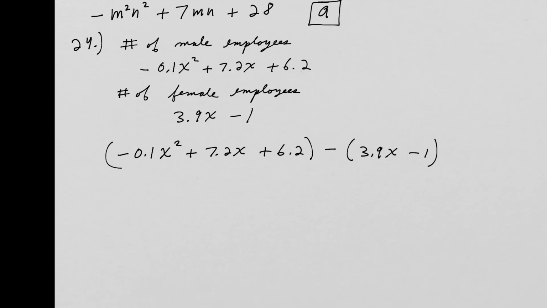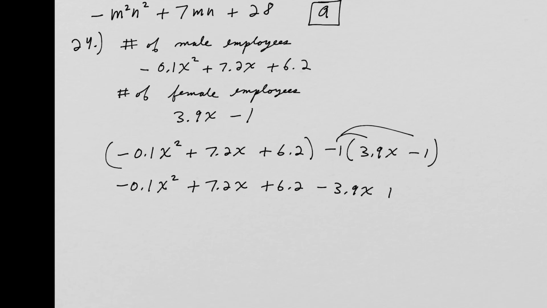Okay, so how do we do this? Well, we know how to do this. The first polynomial, I don't have to worry about changing any of the signs, so I'm just going to write this down again. And in the second one, you'd have to distribute in this negative 1, right? So this is going to be negative 3.9x and then plus 1.